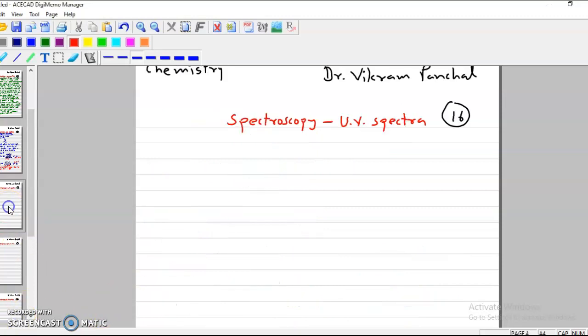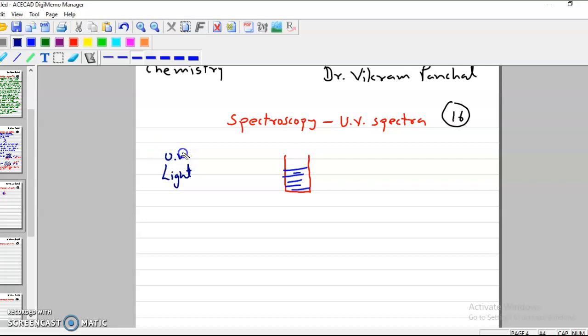Okay, now let us see how we get UV visible spectra. Suppose we take solution in a quartz transparent test tube, and a light, there will be source of light which has two different sources.